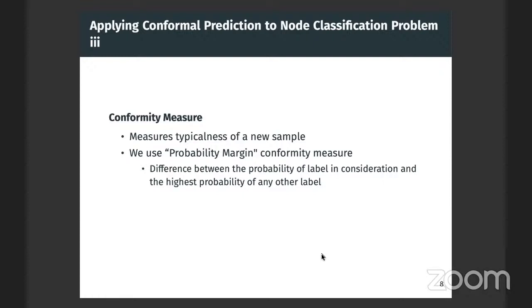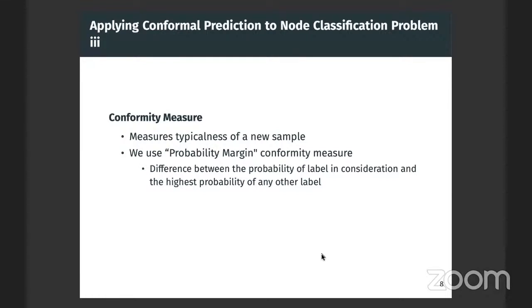For example, say there's an instance with a predicted probability of 0.9 for one class and 0.1 for the other class, then the probability margin would be very high, like 0.8. But if there's an instance with 0.6 probability for one class and 0.4 probability for the other class, then the probability margin would be pretty low. So in that case, we would be less confident about this prediction.